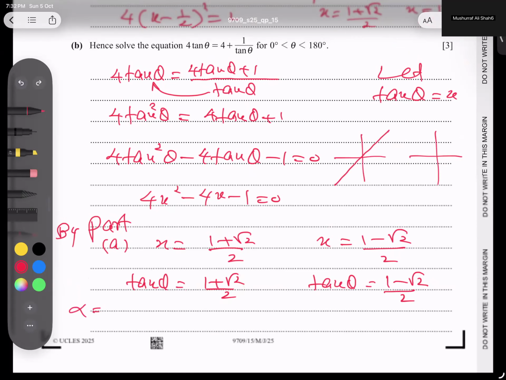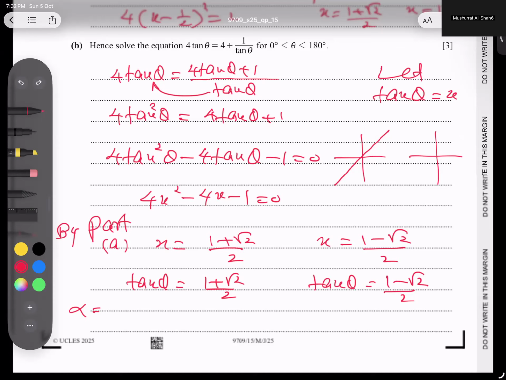And this is degree mode, okay? Not radian mode, make sure. So tan inverse of the fraction 1 plus root 2 divided by 2, and we are getting 50.4, rounding to 1 dp.